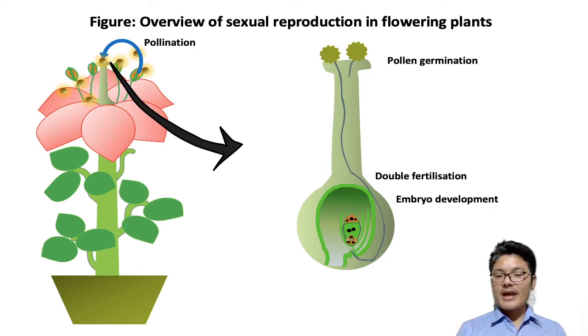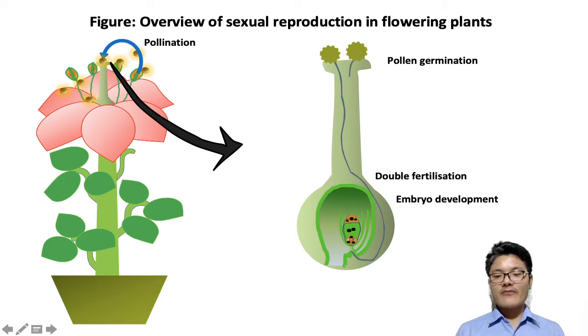Embryogenesis occurs. Embryogenesis is formation of the embryo. The embryo is usually formed from the fertilized egg. The egg fuses with a male gamete of the pollen grain, and the zygote is formed. On continuous cell division the zygote forms the embryo, and around the embryo the central cell, which fuses with the other male gamete, forms endosperm, and endosperm will support the embryo, and in a way embryo development starts.